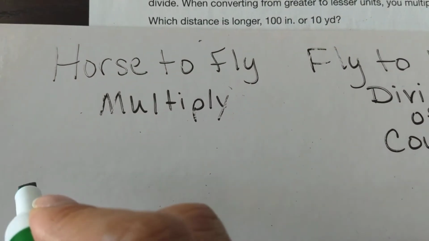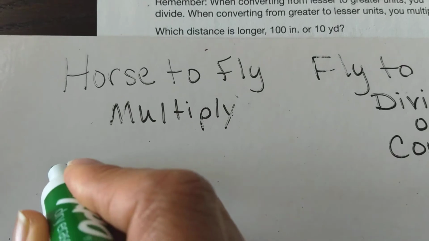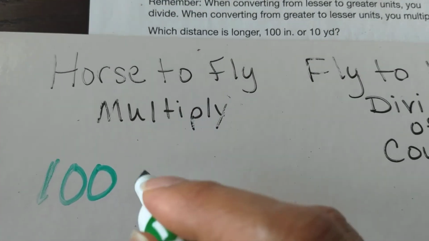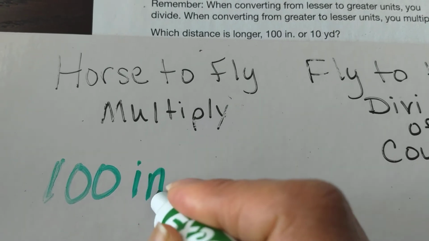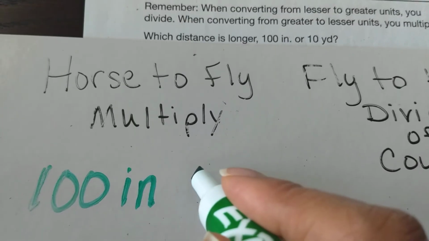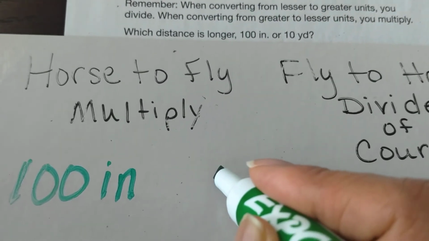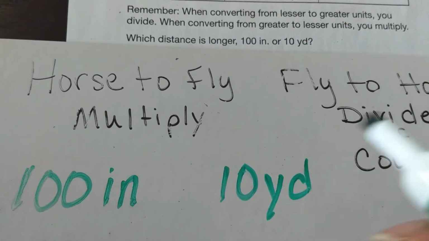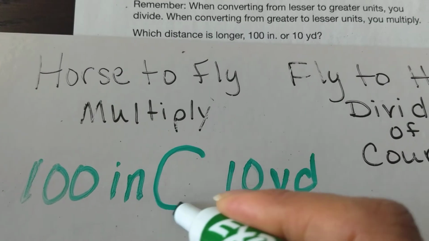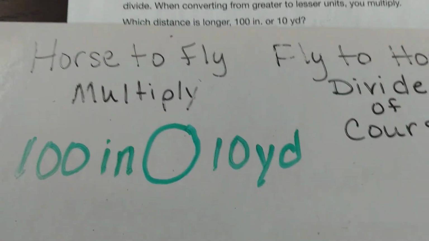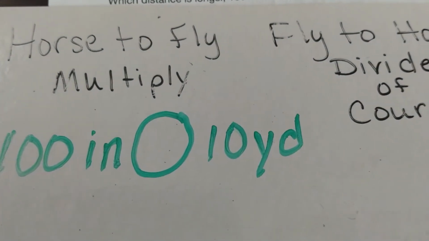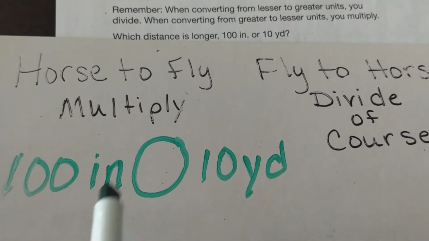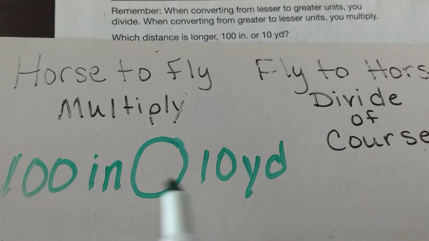All right, so we have 100 inches is greater than, less than, or equal to 10 yards. Okay? I'm going to put my circle here in the middle. And we're doing horse to fly, multiply.